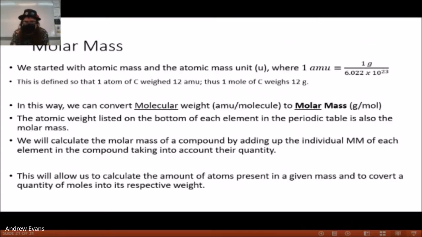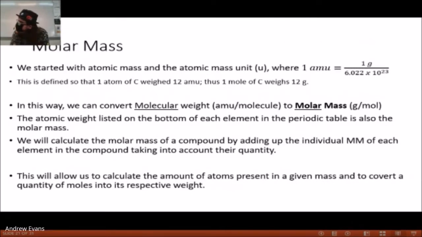Such that we've defined AMU, so the weight of 1 carbon atom weighs 12 AMU. Thus, 1 mole of carbon conveniently weighs 12 grams. So 1 atom of carbon weighs 12 AMU, 1 mole of carbon weighs 12 grams.